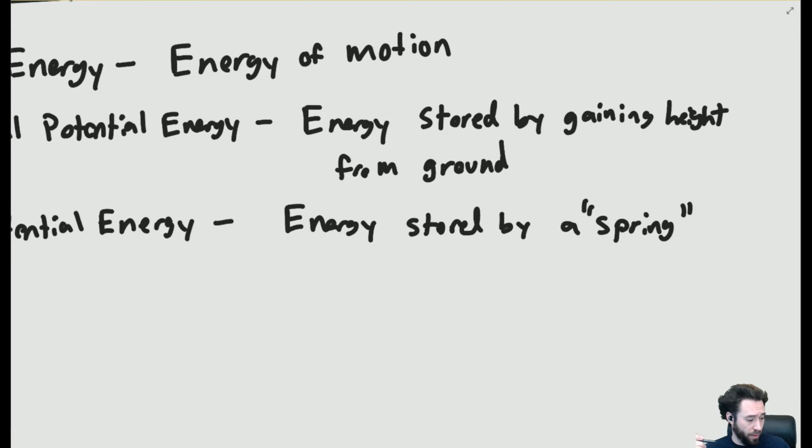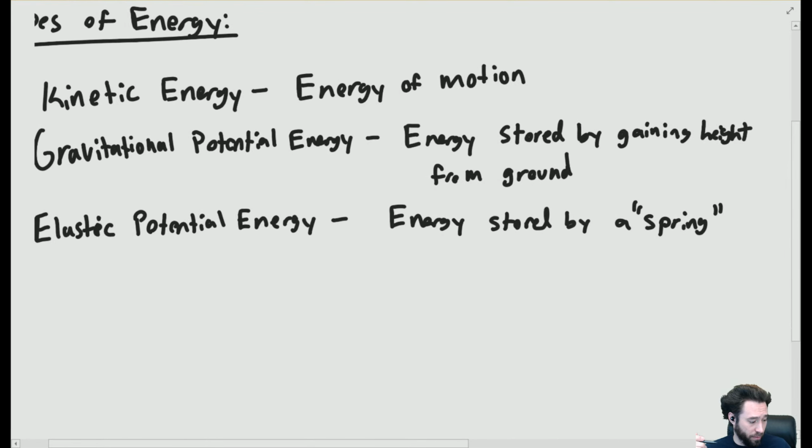Cool. So just to have a quick recap, kinetic energy is the energy of motion. So if an object is on Earth, obviously it has to have mass to be considered an object. So mass has something to do with it. And because it's energy of motion, it has to have a velocity.